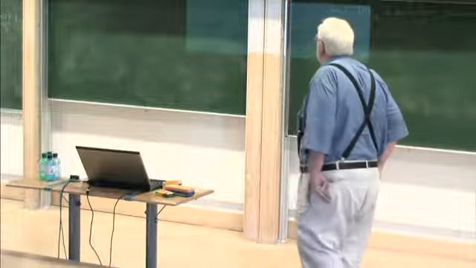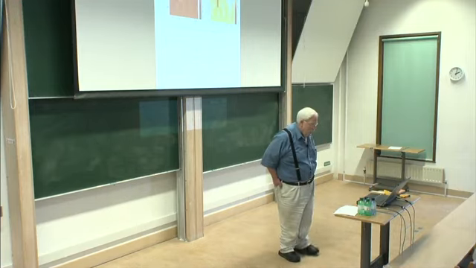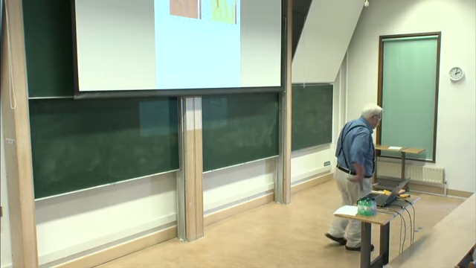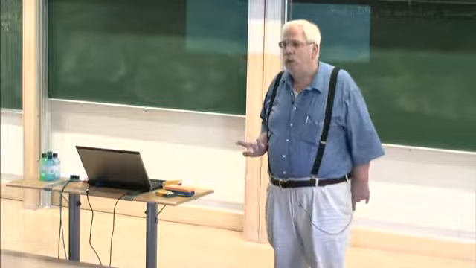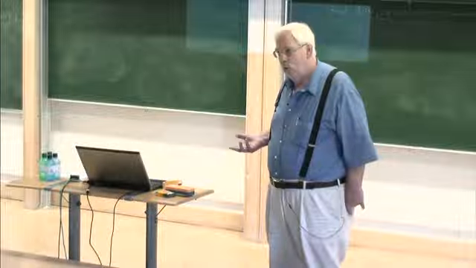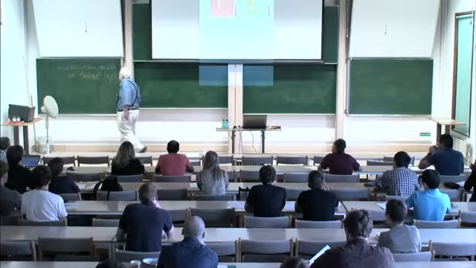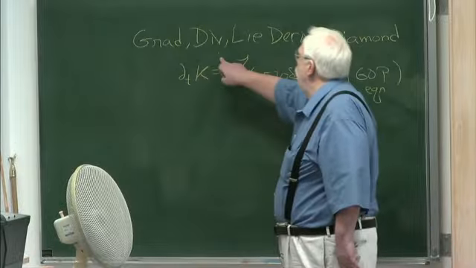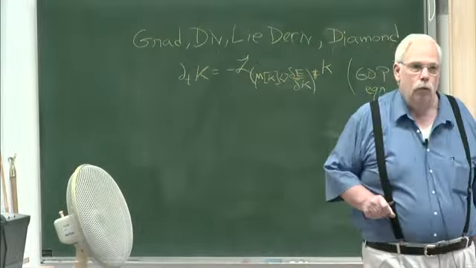But here, objectivity, this property of having the entire equation transform properly, was all being picked up from the Lie derivative and the use of the Lie derivative to formulate the gradient flow equation using diamond. So we went grad, div, Lie derivative, diamond, and we made an equation.